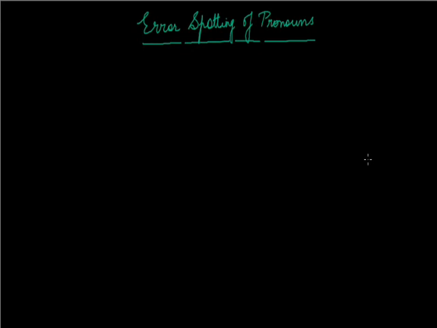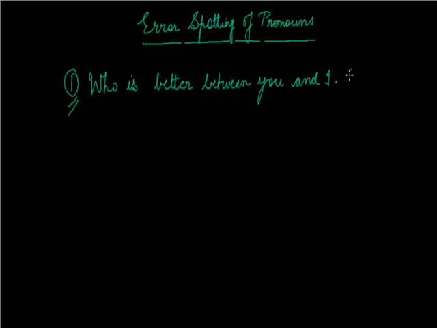So here are some examples through which I'll make you understand what errors we commit in the use of pronouns. First question is, who is better between you and I? This is the sentence in which pronouns have been used.